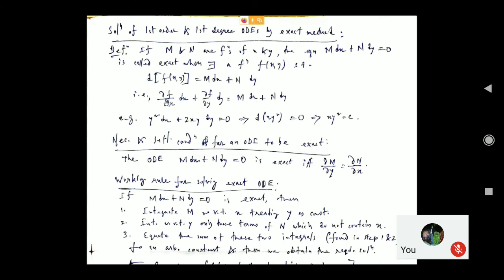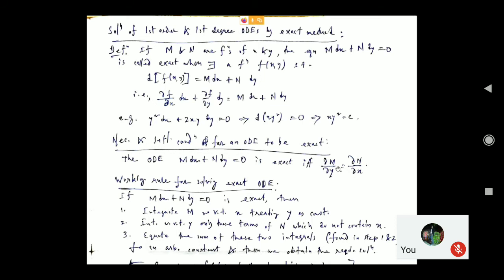That's why the partial derivative of f with respect to x times dx plus the partial derivative of f with respect to y times dy. So this expression on the left hand side may be written as d of xy² equal to 0. Now if you integrate this, you get simply xy² equal to some arbitrary constant.